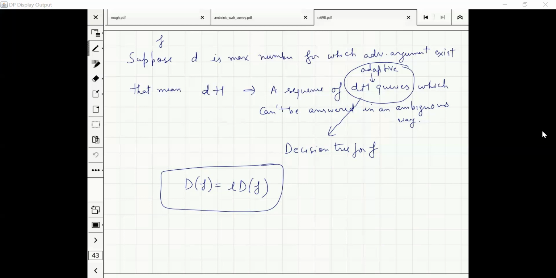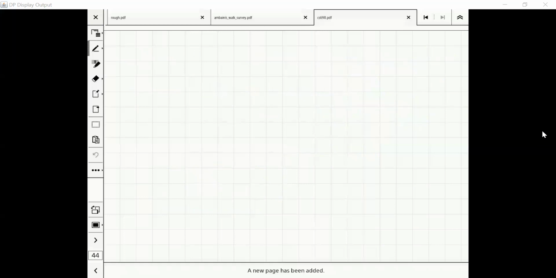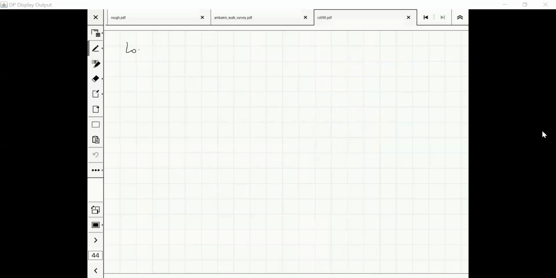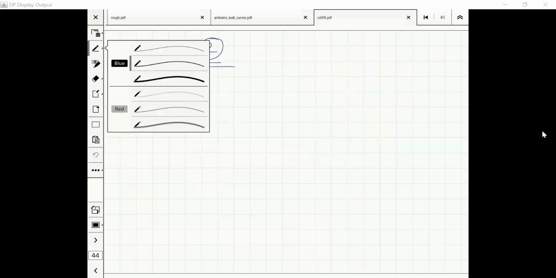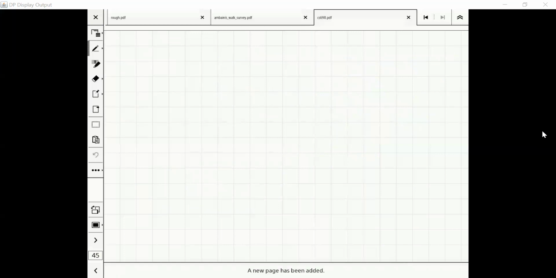Okay, this was one lower bound. Let me give you another lower bound. Lower bound 2. Any guesses? What is this lower bound going to be? This is something which you have seen before.